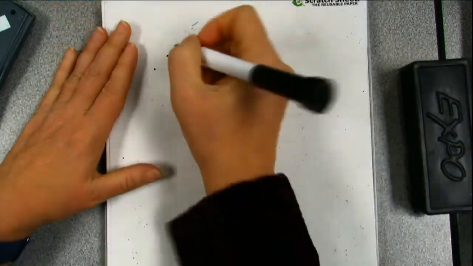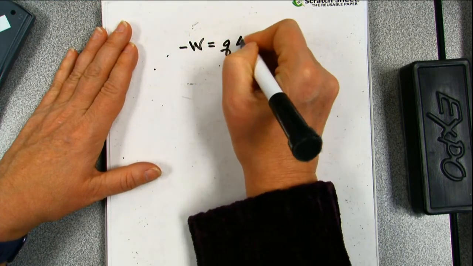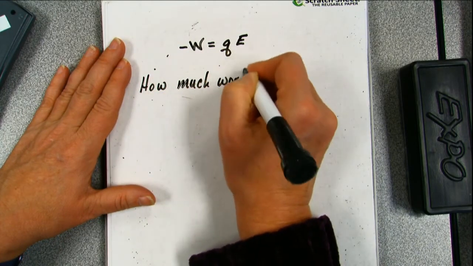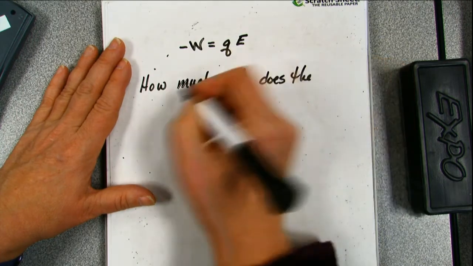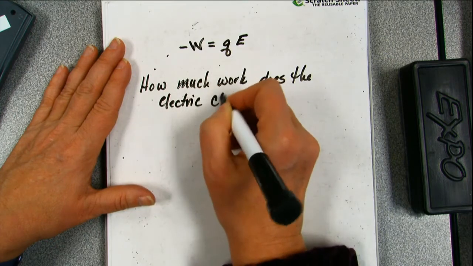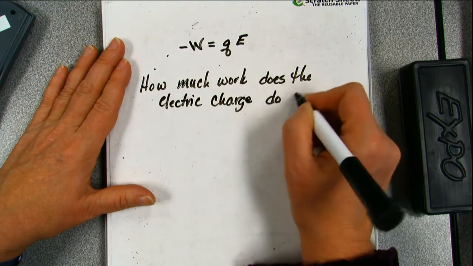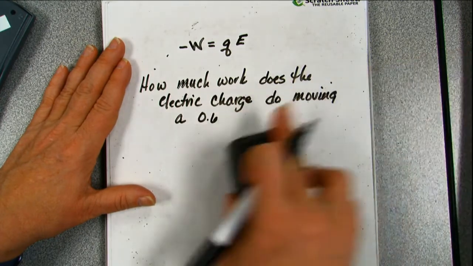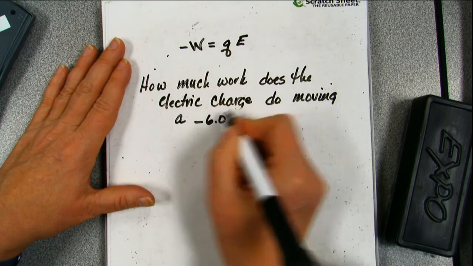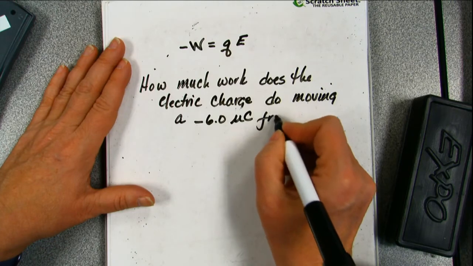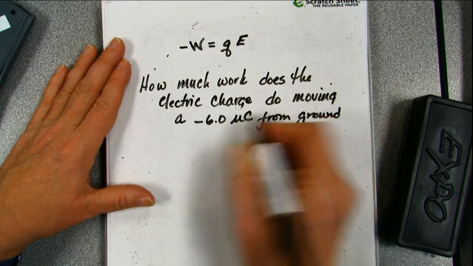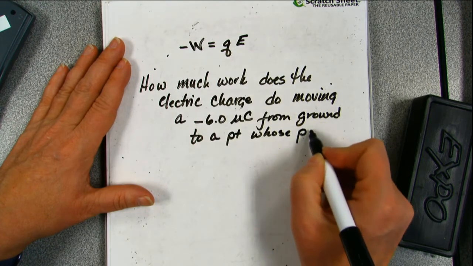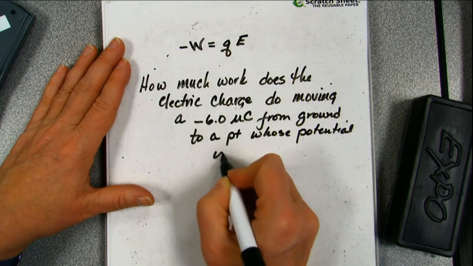We know that negative work is going to be QE, and we can look at how much work the electric charge does moving a negative 6.0 microcoulomb charge from ground to a point whose potential is 80 volts.